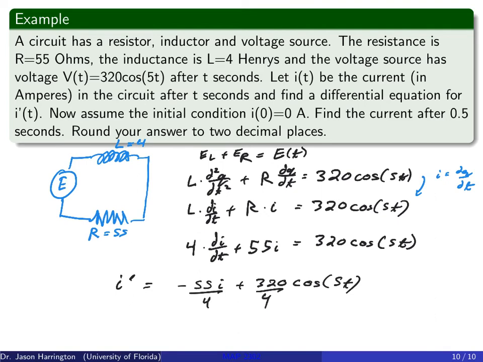And that's just 80. I hate not simplifying things when I write them down, but that'll just be 80. So when you do your homework, you'll see a question that may say, solve for I prime. And that's fine. You can just write it out just like what I have here at this line, and that'll be fine.